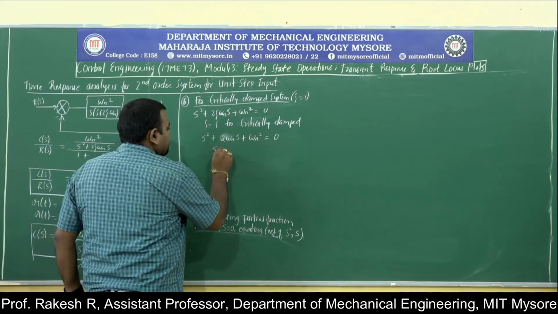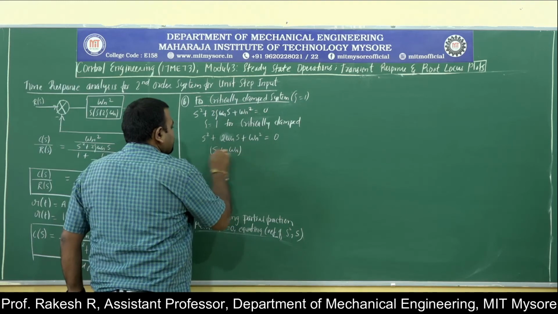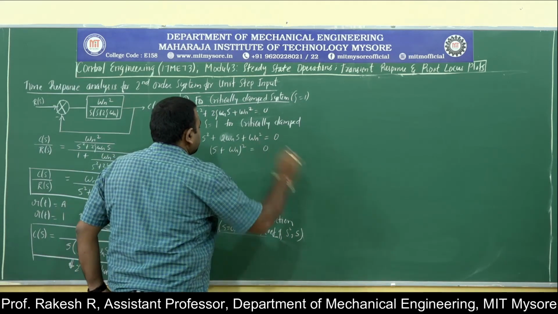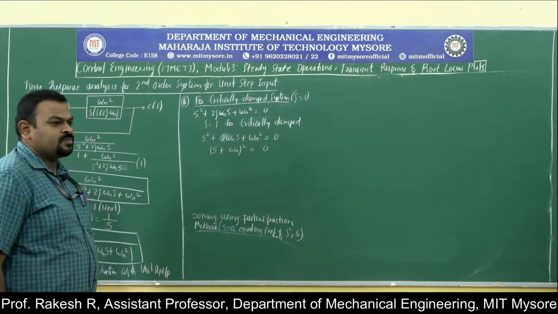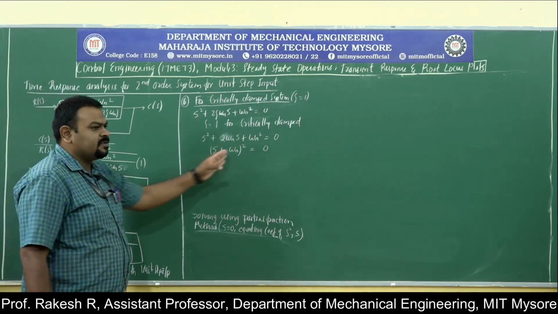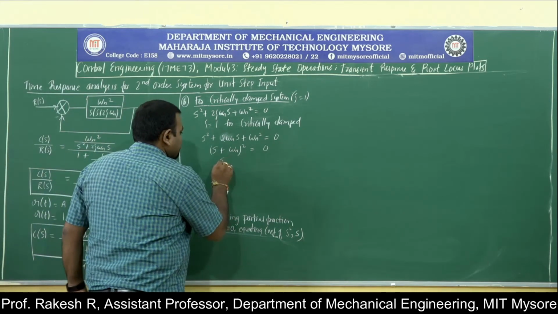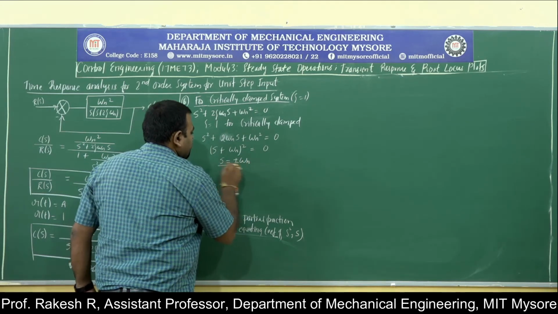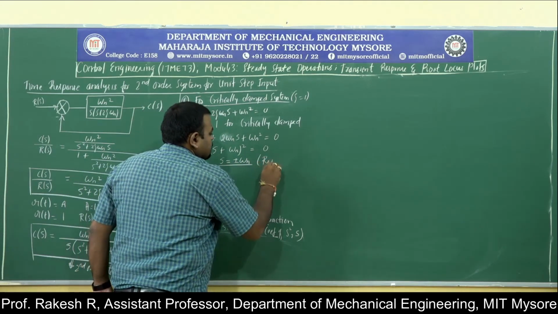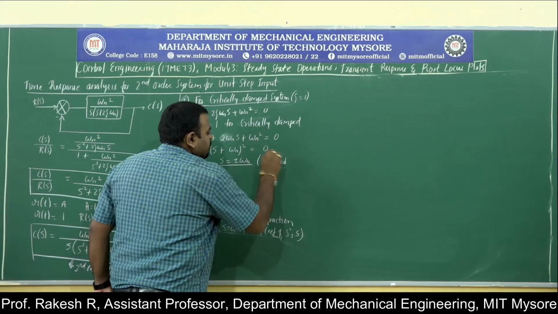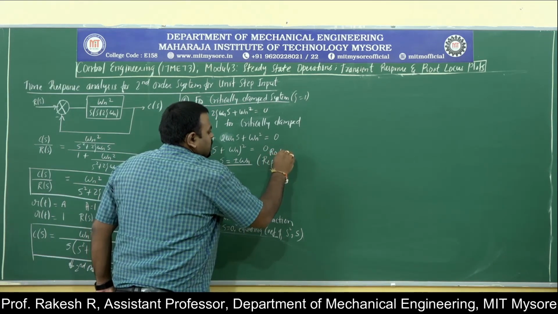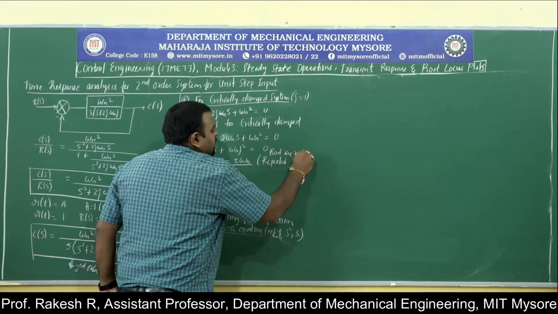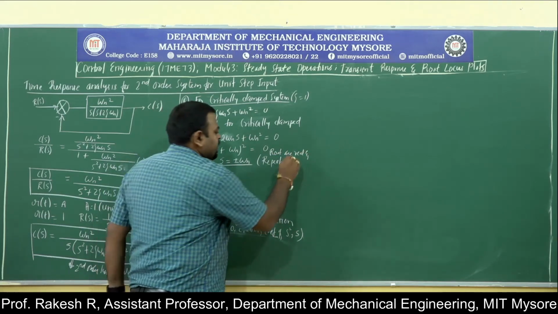We can write s plus omega n whole square will be equal to 0. So if we solve this equation, s will be equal to minus omega n plus or minus omega n. That means here the roots will be repeated. Roots are real and repeated, that is equal.